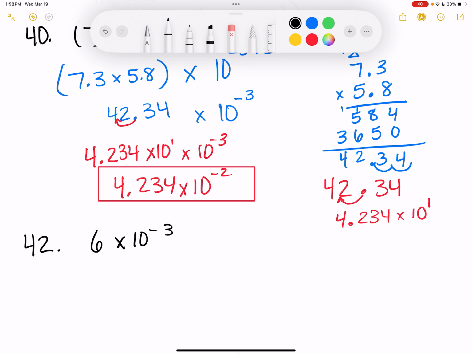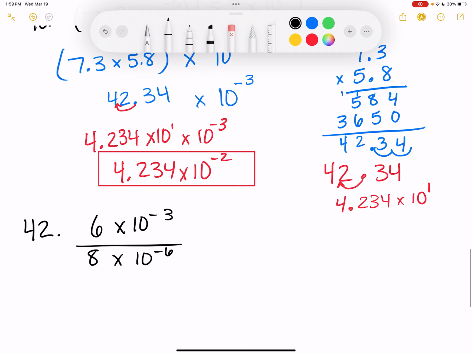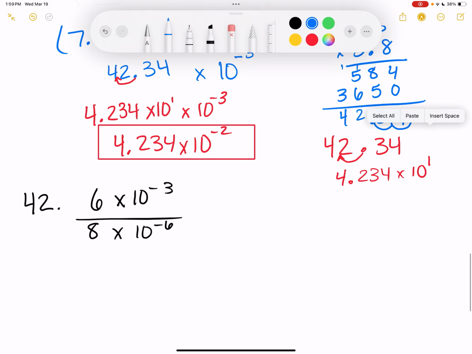So it's 6 times 10 to the negative 3 divided by 8 times 10 to the negative 6. You gotta add 6 to negative 3 because you're moving it up. Yep, so I'm going to move this to the top. So this would become 10 to the negative 3 plus 6.